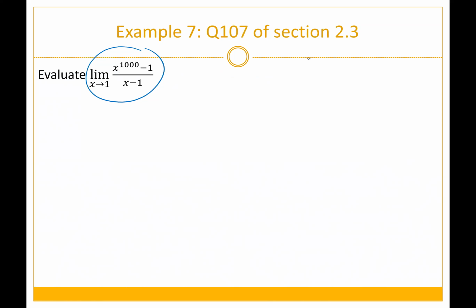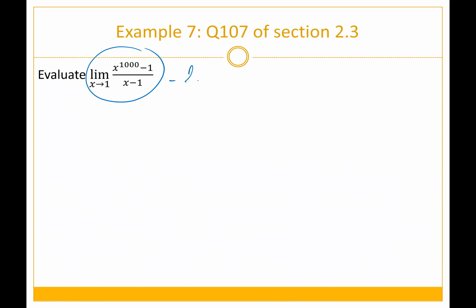Okay, does anyone come up with how to solve this question? Okay, I'm gonna solve it.